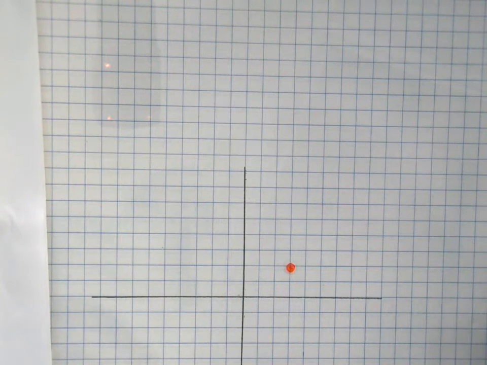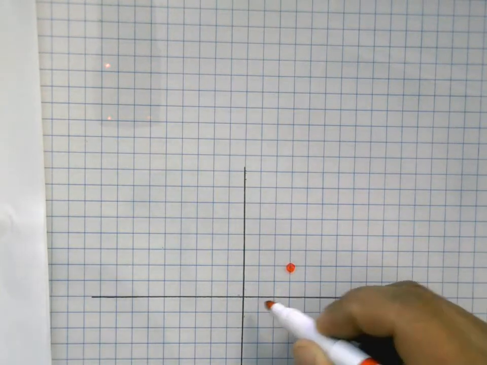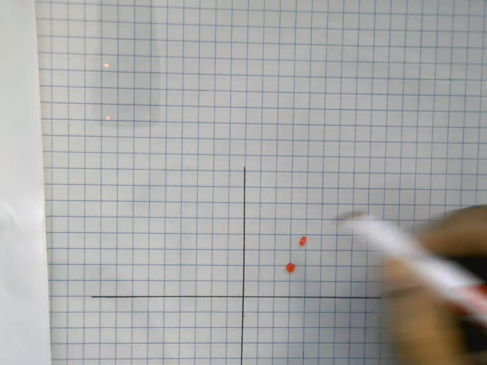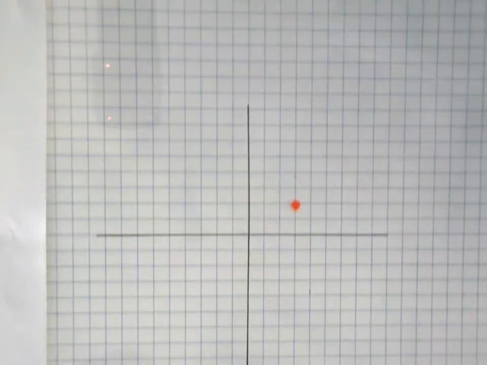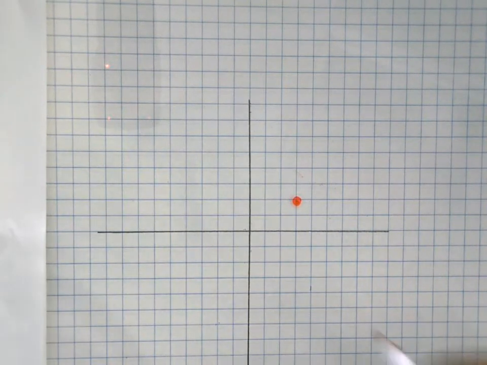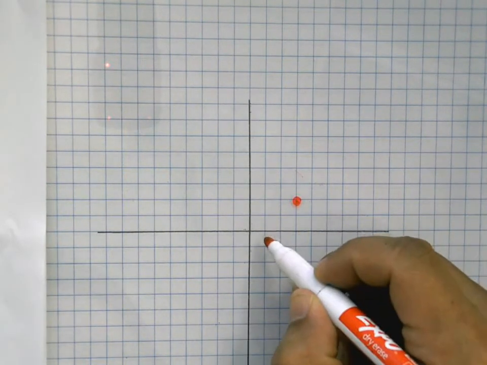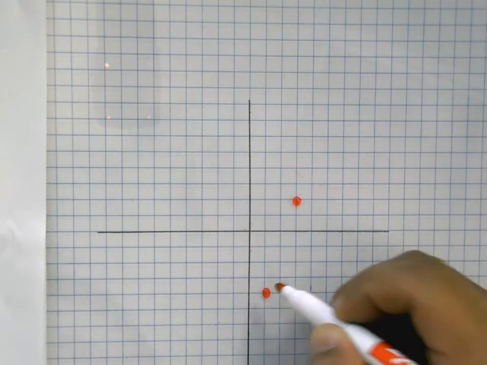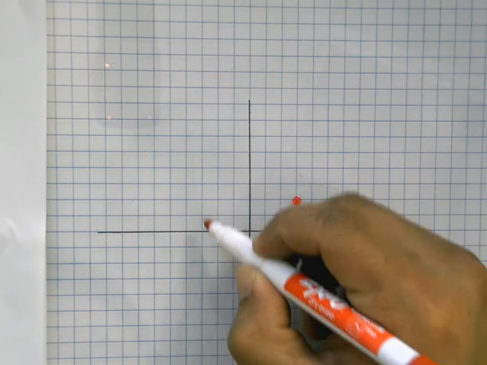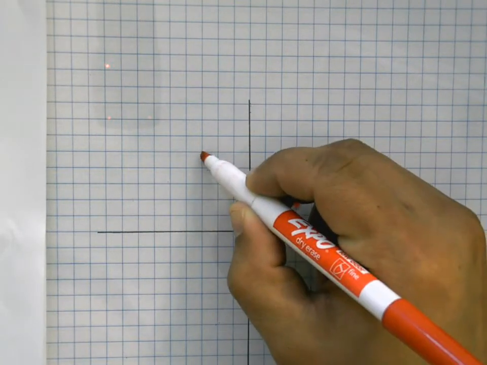My second point is (1, -4). So 1, 2, 3, 4. And then (-3, 1), 2, 3, 1, 2, 3, 4, 5.